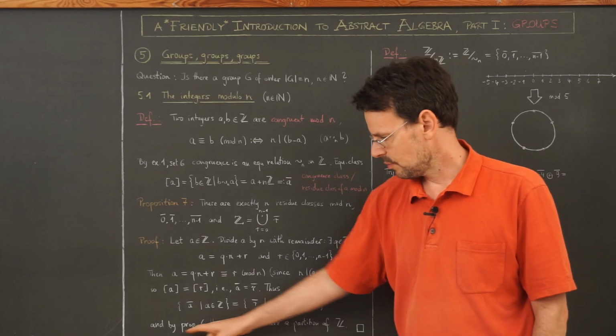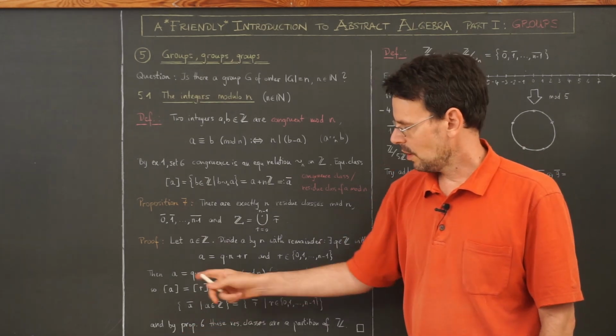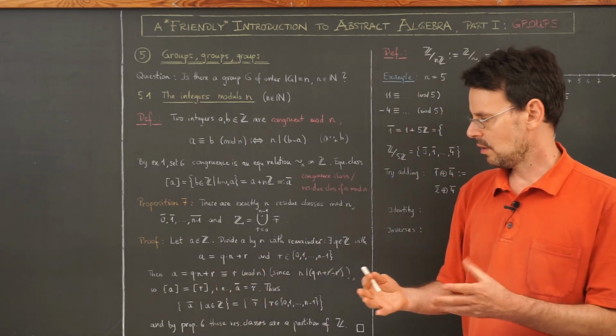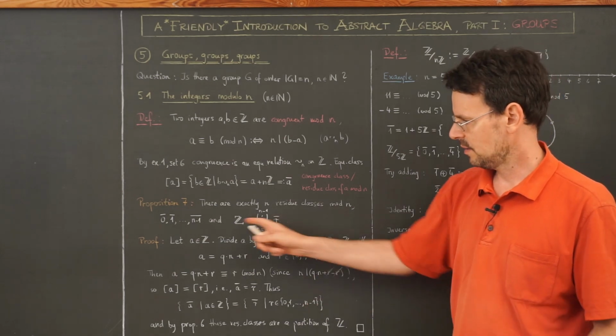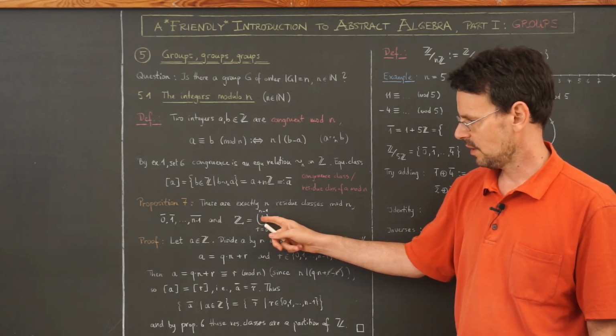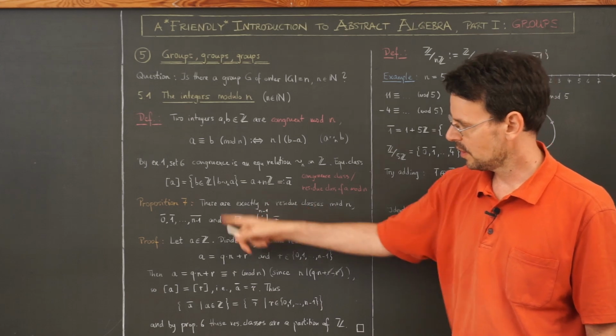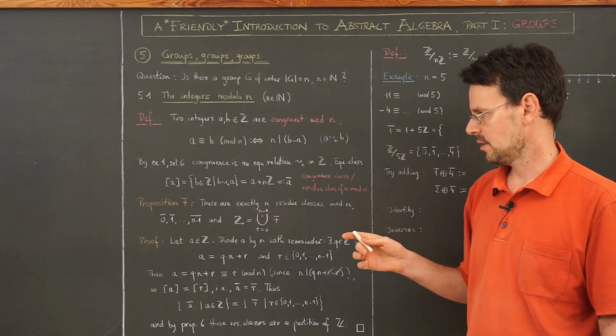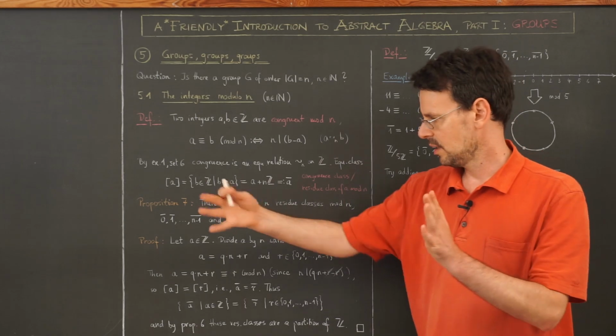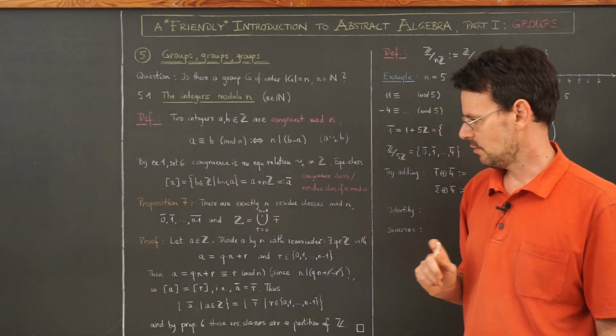And now we just cite proposition 6. All the equivalence classes taken together always form a partition of the set. This means exactly that they are disjoint and that their union gives me the whole set, and that's it. So Z can be divided into these residue classes.